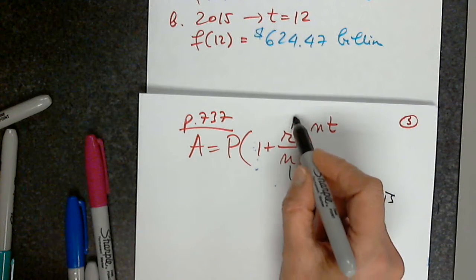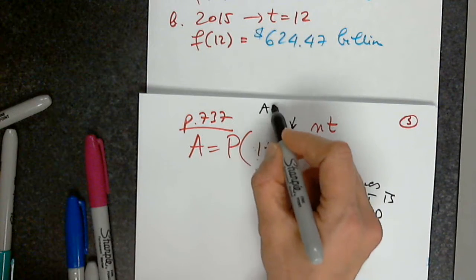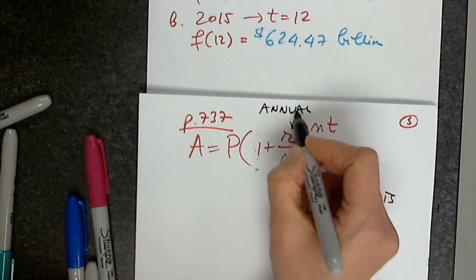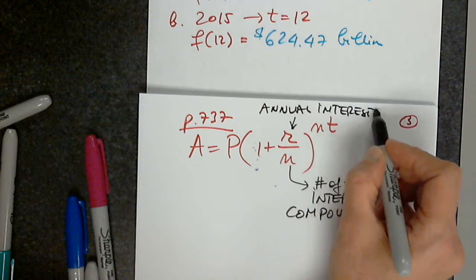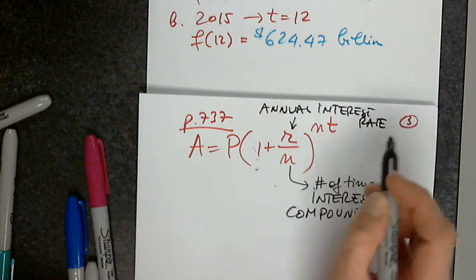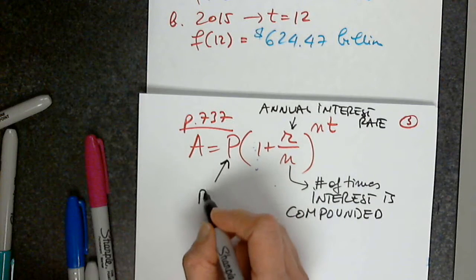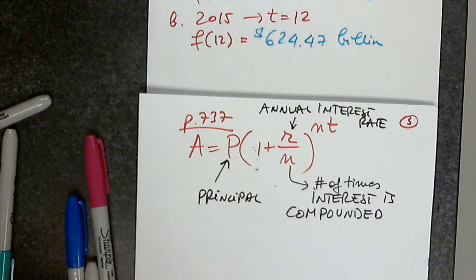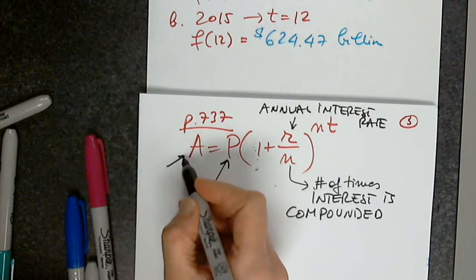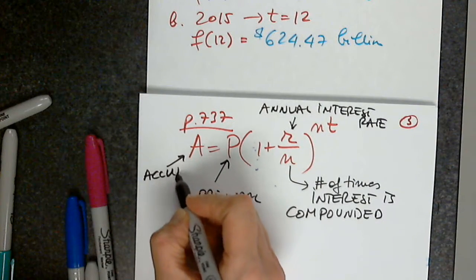R, annual interest rate. P is the principal. What we deposit in a bank account or what I borrow from you. I borrowed money from you. That's the principal. A is the accumulated value.